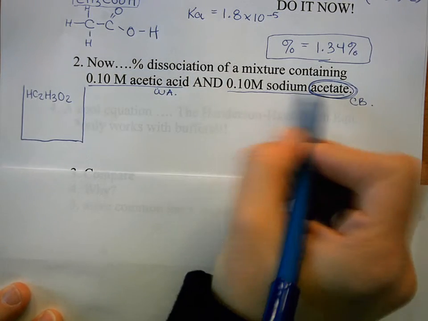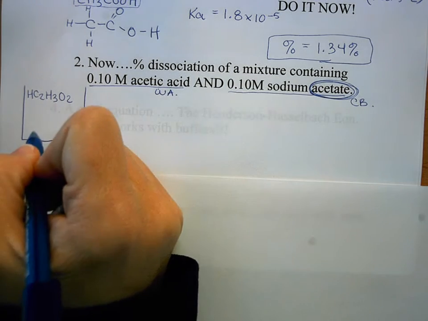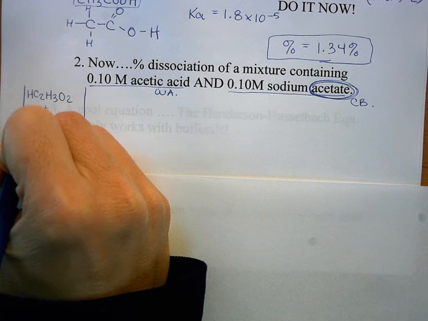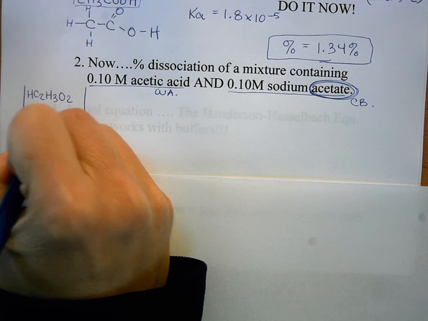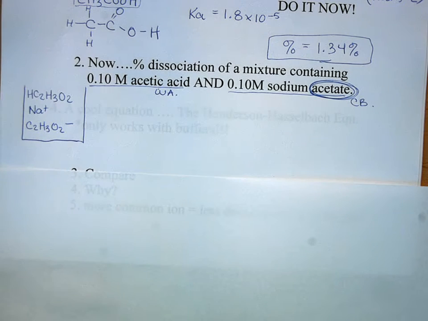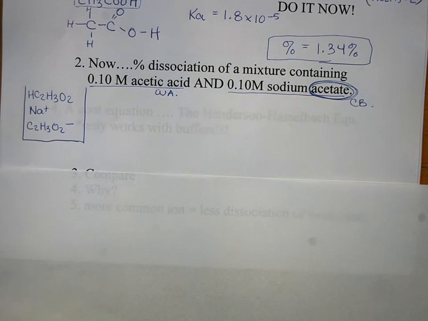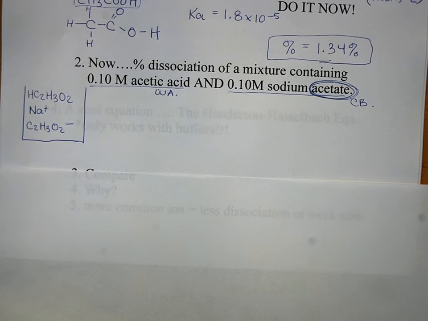I also have the sodium acetate. When I put that in the beaker of solution, it separates into ions, sodium ions and acetate ions. So I'm getting into the beaker and seeing what's there, kind of like figuring out if salts are acidic or basic. We can cross out ions depending on whether they come from a strong base or a strong acid.